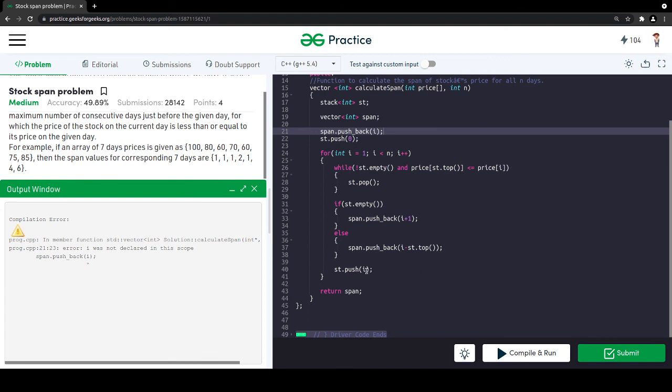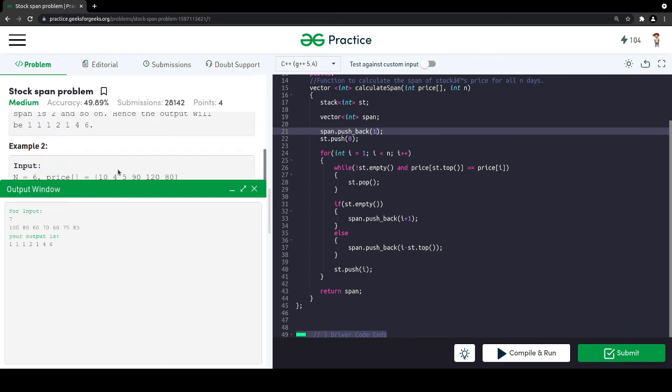What is the problem with this? It is saying that span i is not present. At what? Here. So it should be one. So now I will be compiling the code, and it will be giving me the right answer. Okay, so it is giving me the right answer for this.